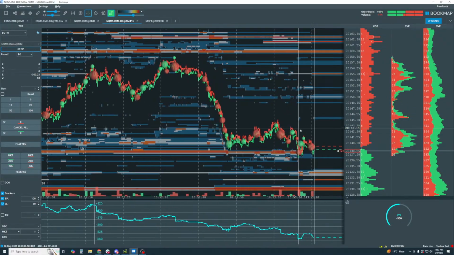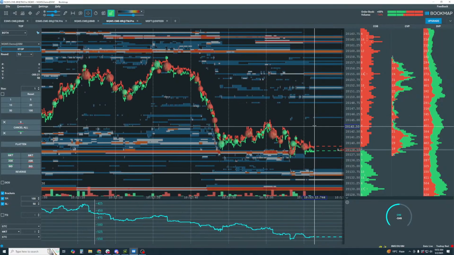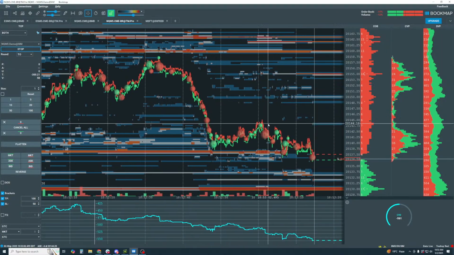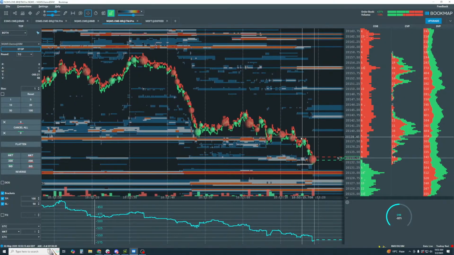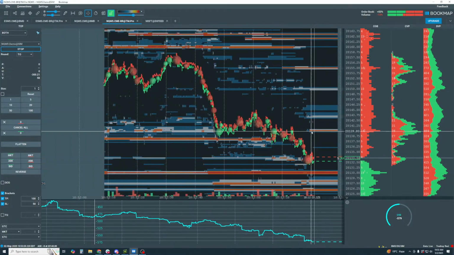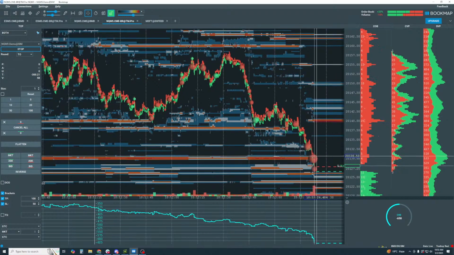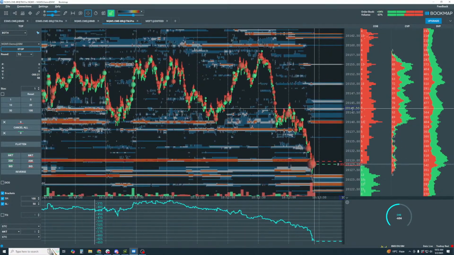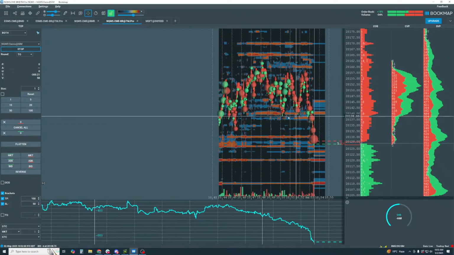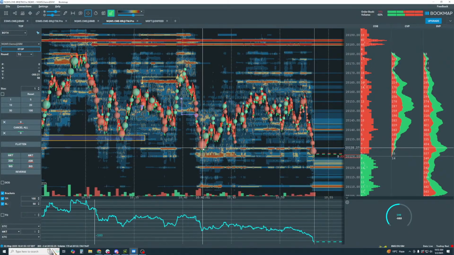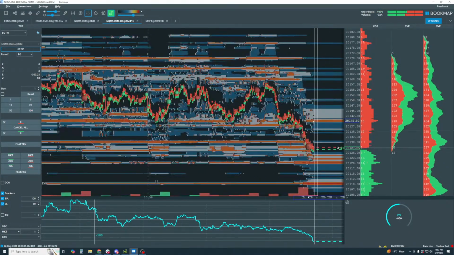Okay, now can we get our buyers to come back in? Okay, and I'm looking for buyers but back up above here, this kind of 144. Else I don't want to get in. Okay, there's high liquidity again. Okay, so now we're moving away to this other high volume node here. Back down to the bottom of the range.